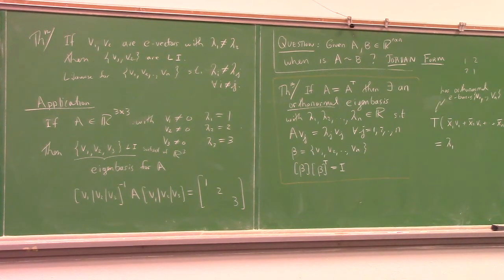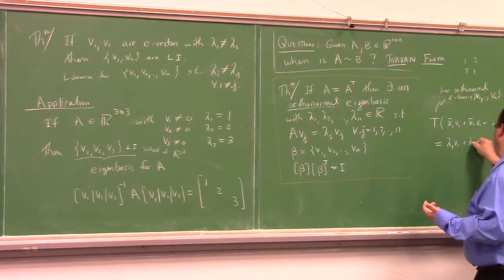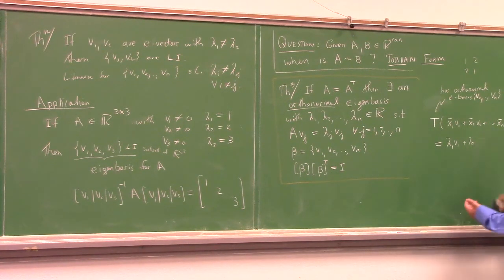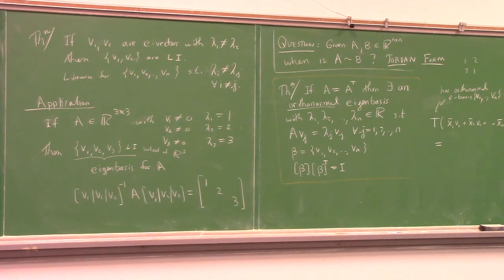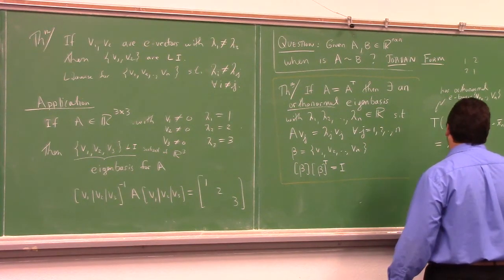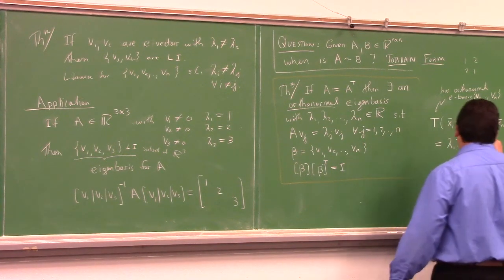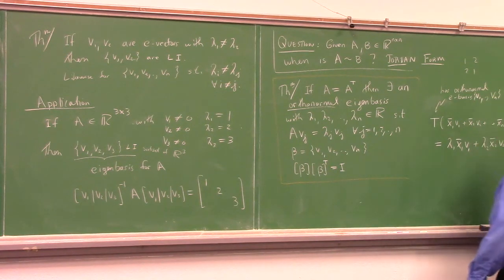It's lambda 1 x bar 1 v1, plus lambda 2 x bar 2 v2, up through lambda n x bar n vn.